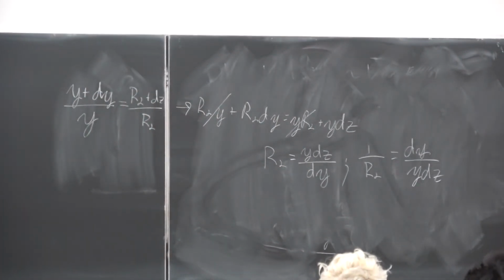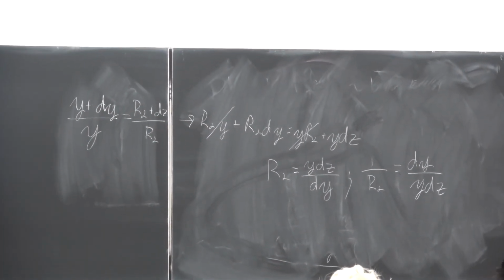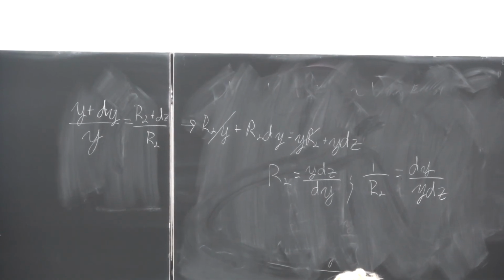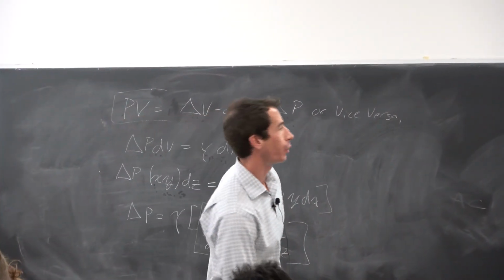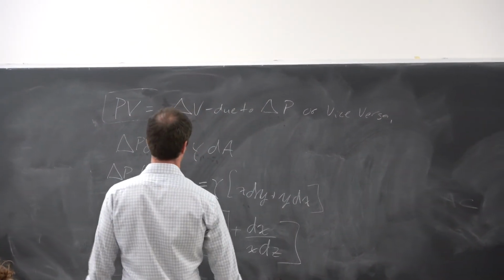Which is what we want, what we have over here, which is this, right? dy over y dz, yes.